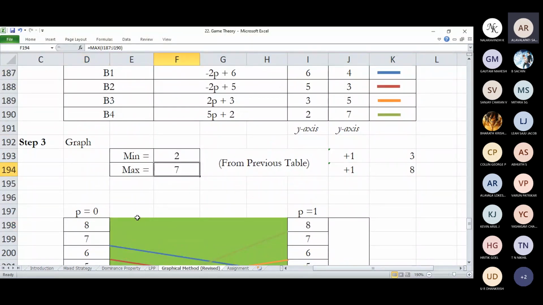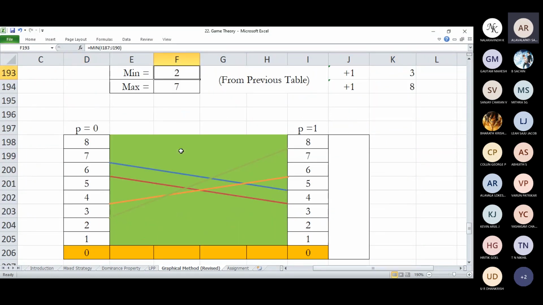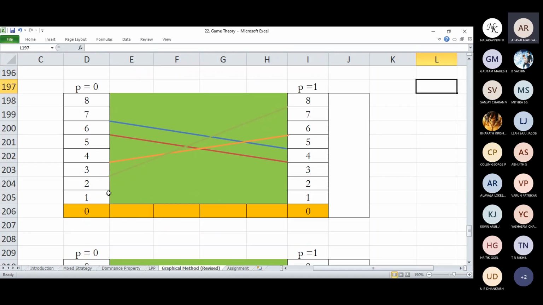So the maximum is 7, so 7 plus 1 is 8. So you'll label 8 here. The minimum is 2 actually, so you could have stopped here, could have cut at 1 itself, but to show 0, I just made it clear.